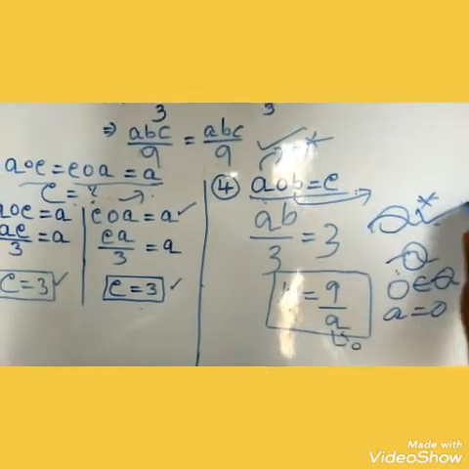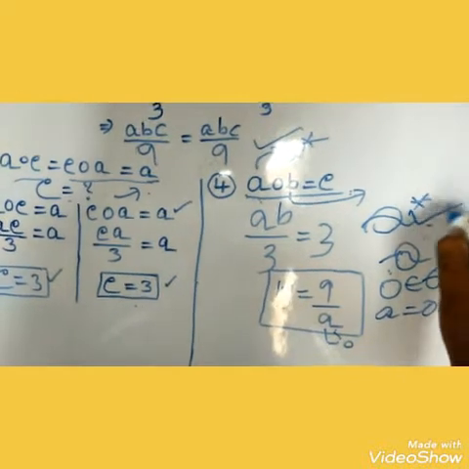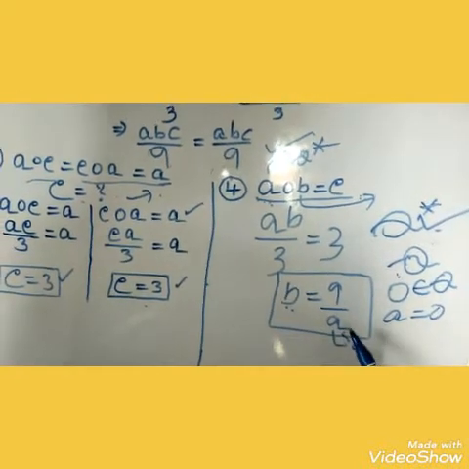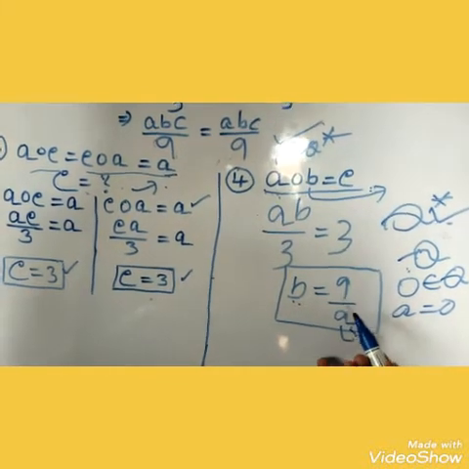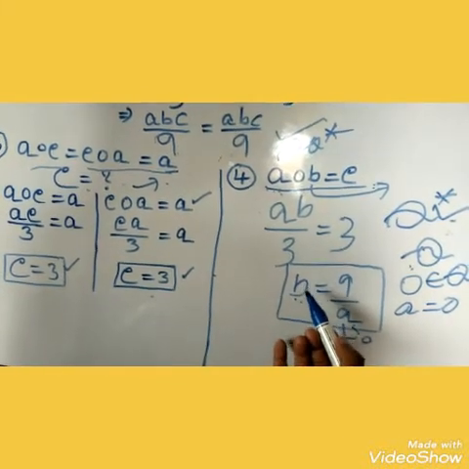That's why I am taking the set of all non-zero rational numbers. Then we take any element, and we can find the inverse of every element.